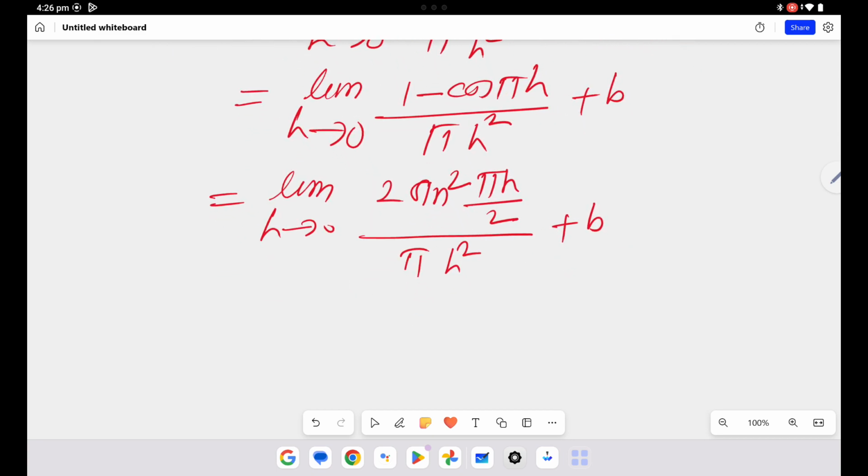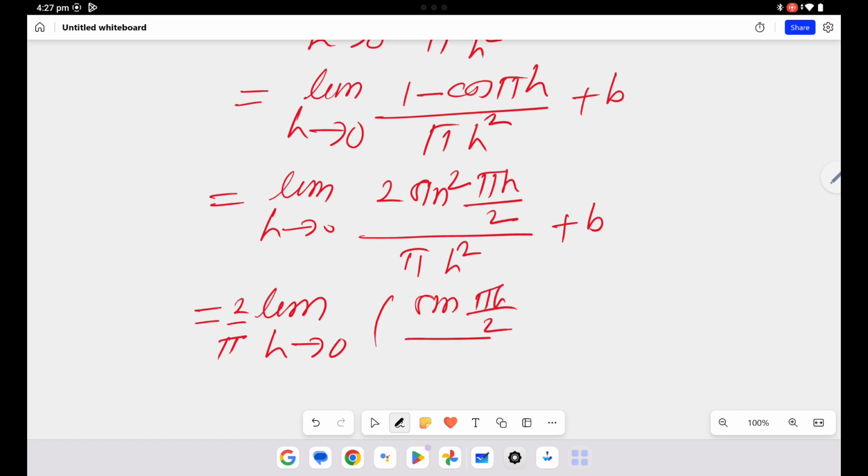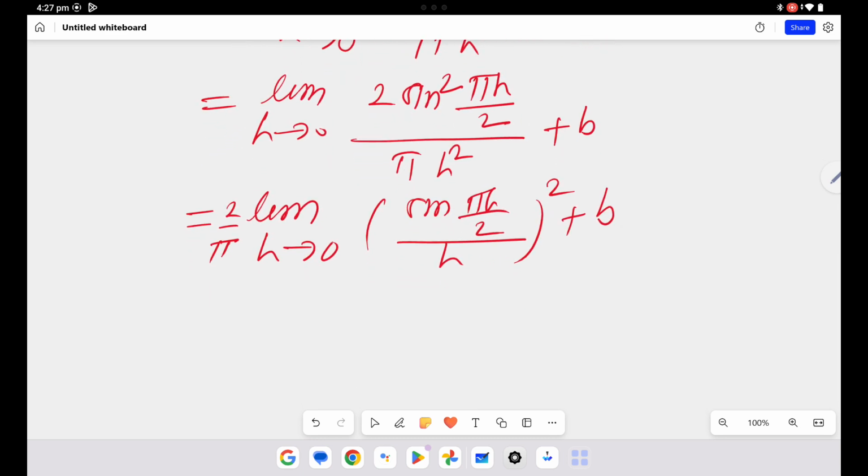Next, this can be written as limit h tends to 0, 2 upon pi is constant, so 2 upon pi goes outside the limit because this is constant. Sin square pi h by 2 upon h square can be written, by using the indices rule, as sin pi h by 2 upon h whole square, plus constant b as it is.